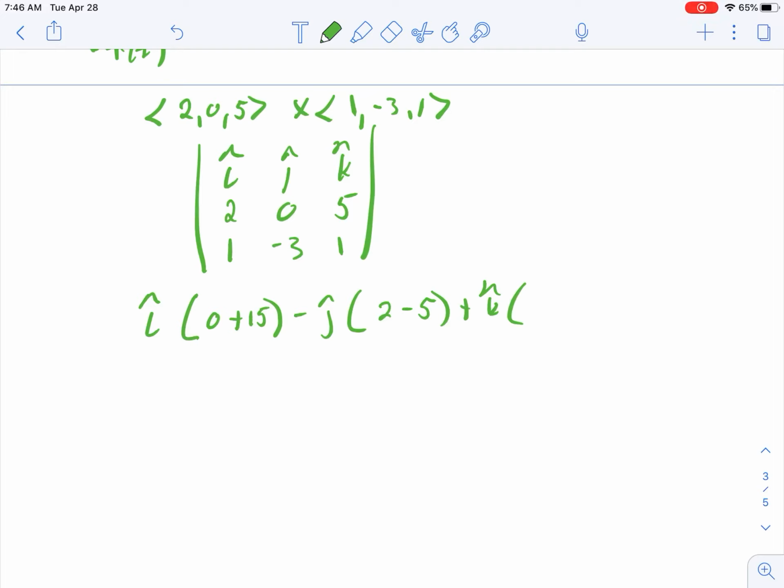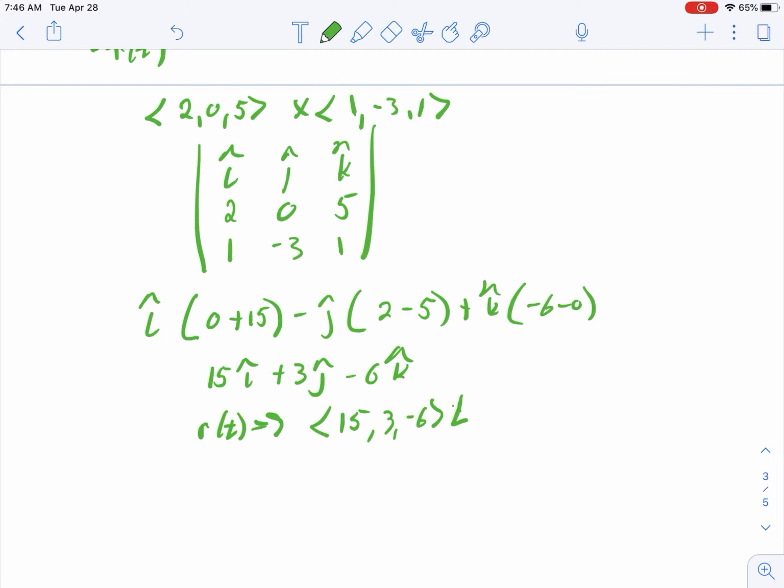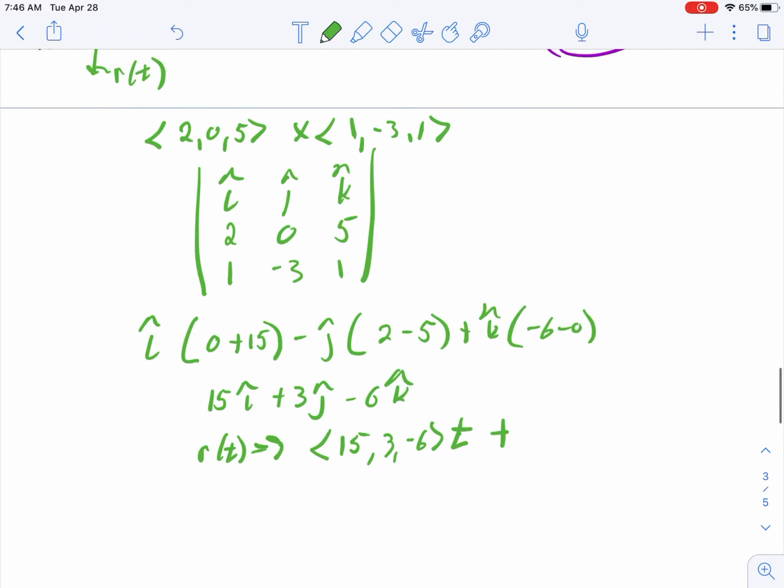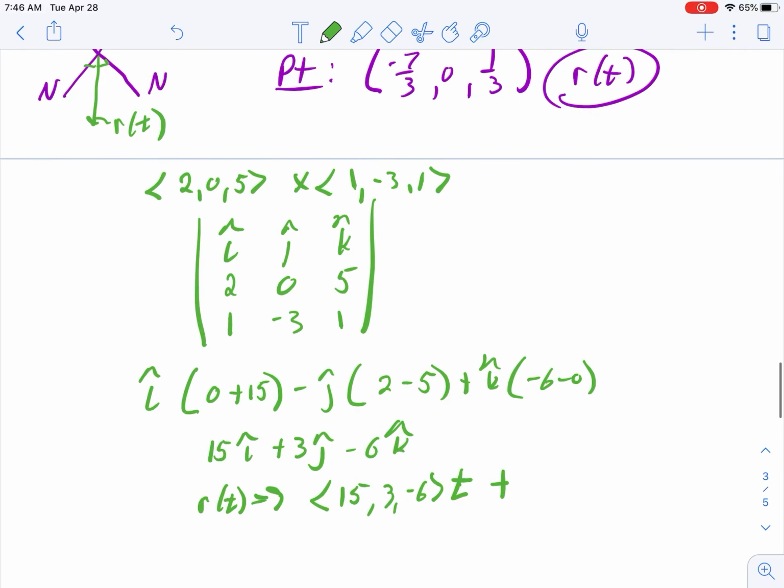Minus j hat, 2 minus 5. k hat, negative 6 minus 0. You have 15 i hat plus 3 j hat minus 6 k hat. Okay, and therefore there's the slope for RT. My slope is 15, 3, -6.